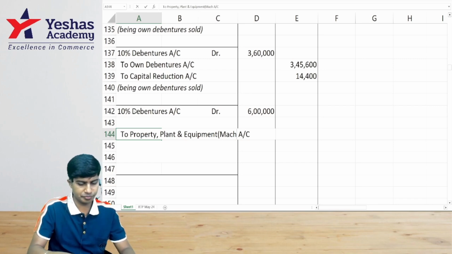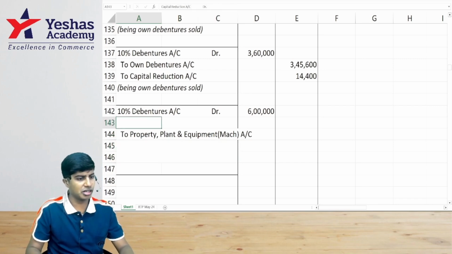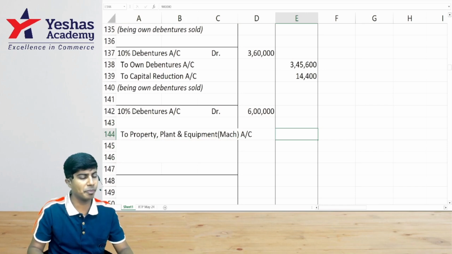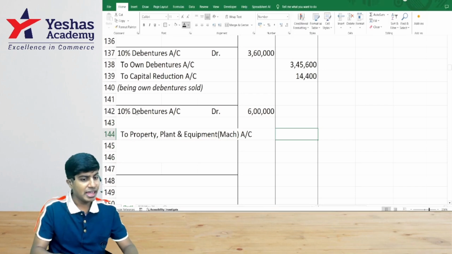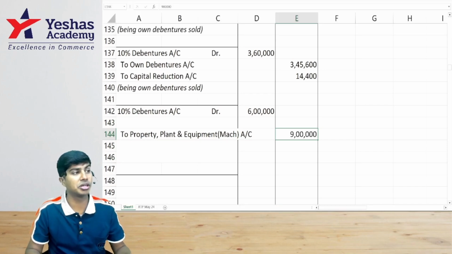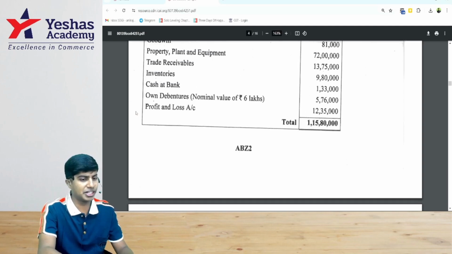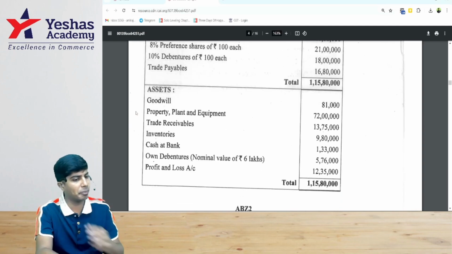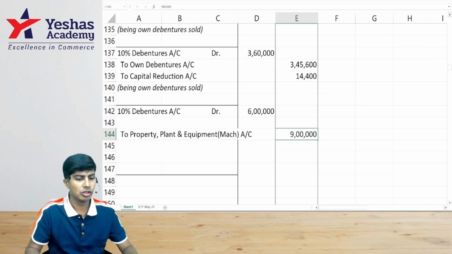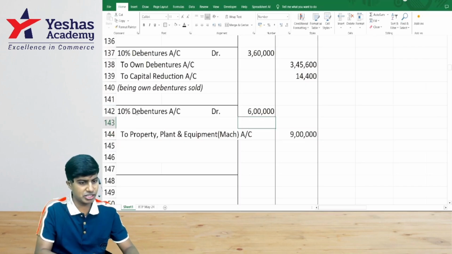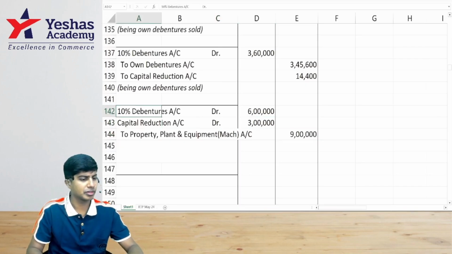Actually, machinery, but the name that we'll use is property, plant and equipment. You know why? In the balance sheet, there is nothing called machinery. There is only property, plant and equipment. So machinery is included in property, plant and equipment. So I'll write 9 lakh. The difference of 3 lakh will be capital reduction.